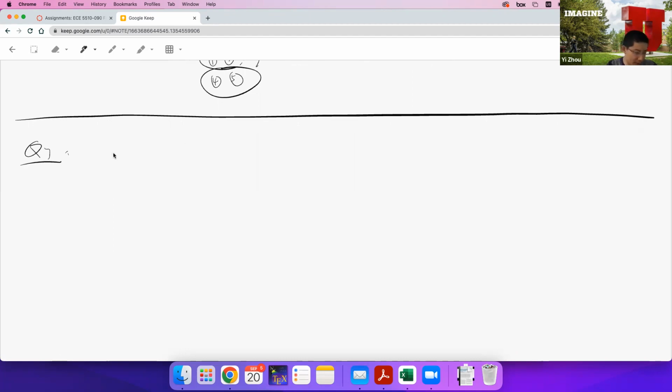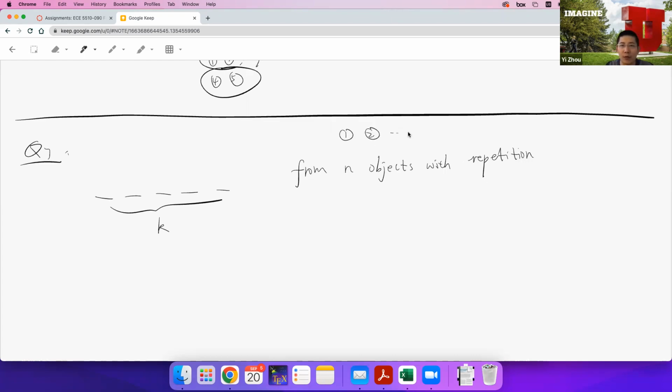So we're going to create an ordered list of length k. Now, how do we create that? Each position we can select from n objects with repetition. That means we have n balls, for example.